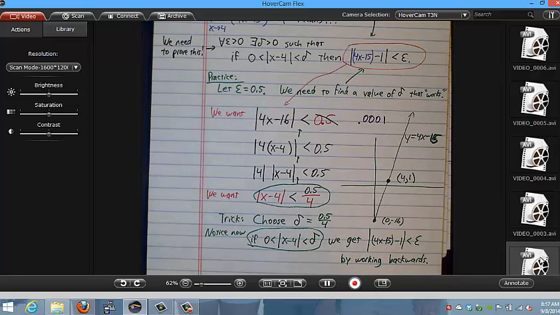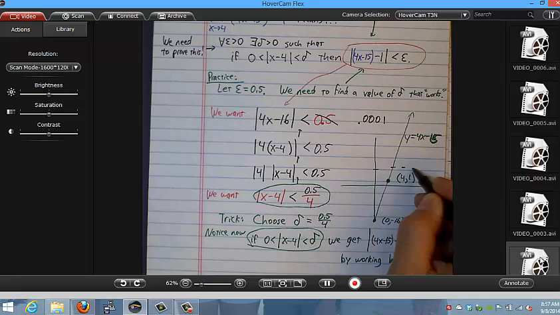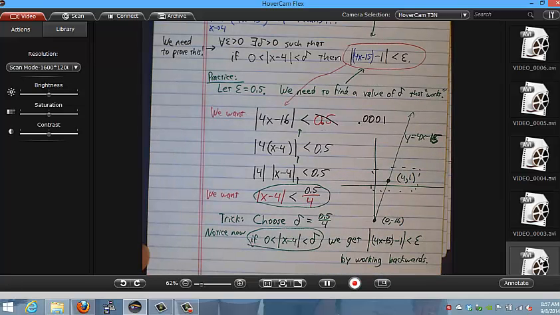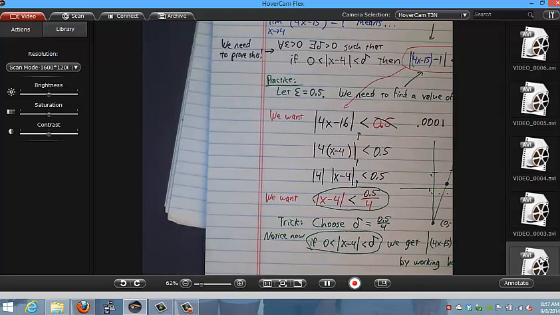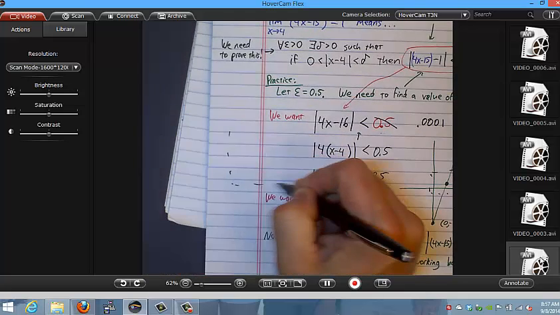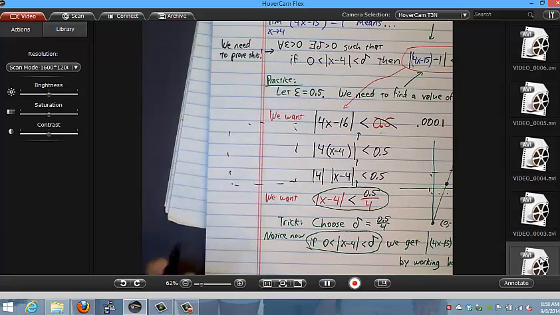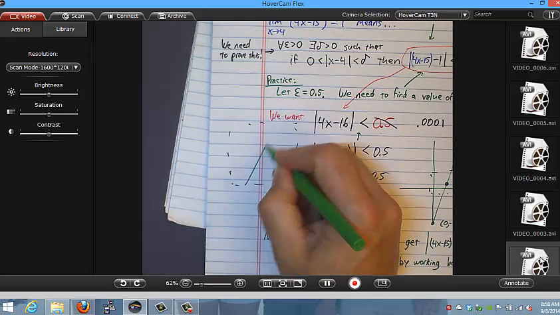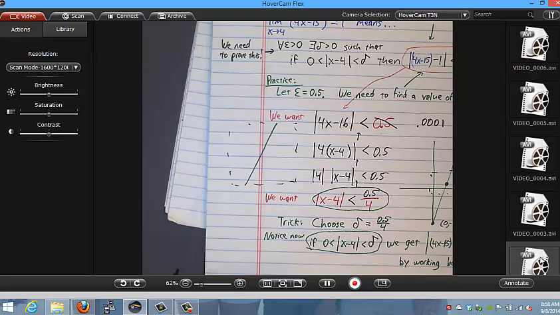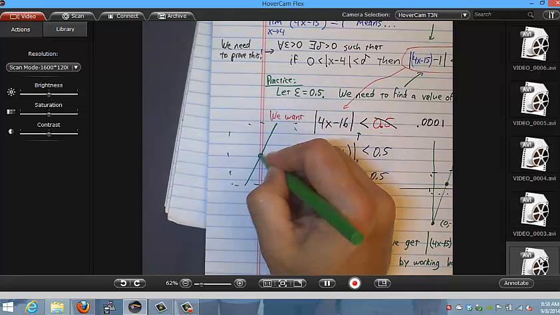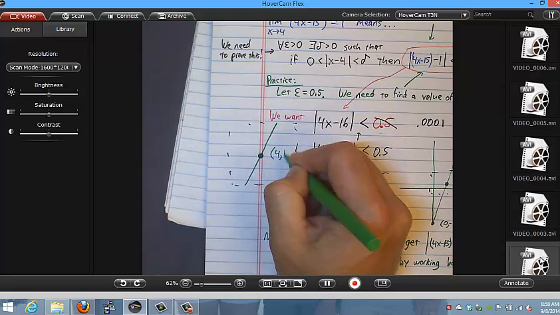Right? You guys agree this is my picture? Okay. And then what I need is my magic zoom in button. You see that window? I'm going to zoom using today's modern technology. So here's the line. Here's the point, 4 comma 1.